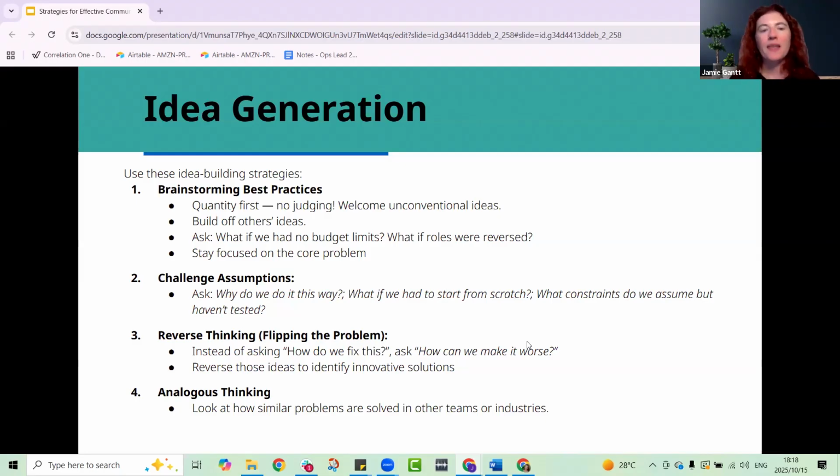How can we break it? And then analogous thinking is just pulling from other industries that might have similar challenges, where they implemented certain solutions that might be similar to what you need in your industry, and then tailor making it for your industry. All right. So that is our idea generation.